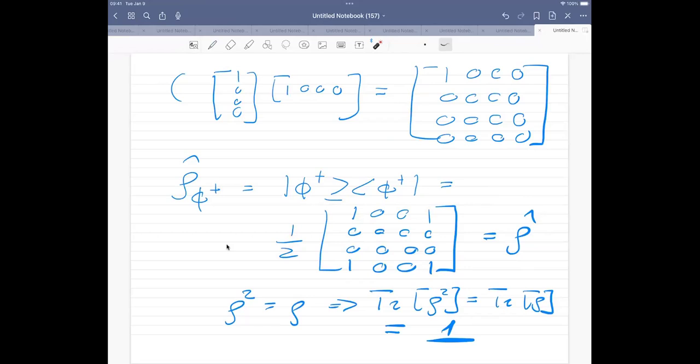Now, when you have this object, we can make measurements. So let's make a measurement on one of the states.